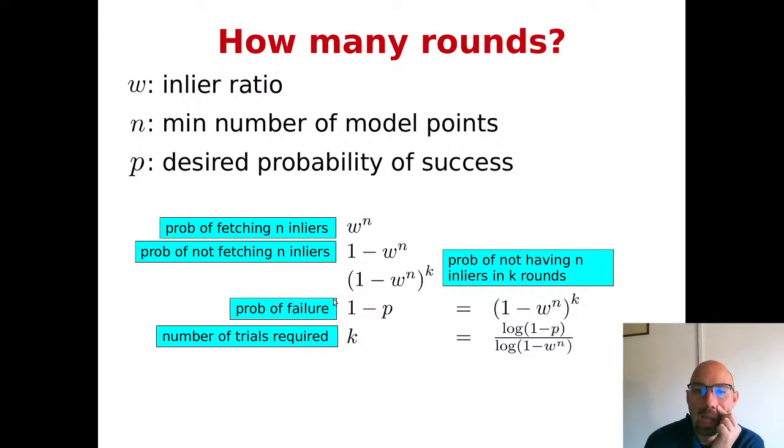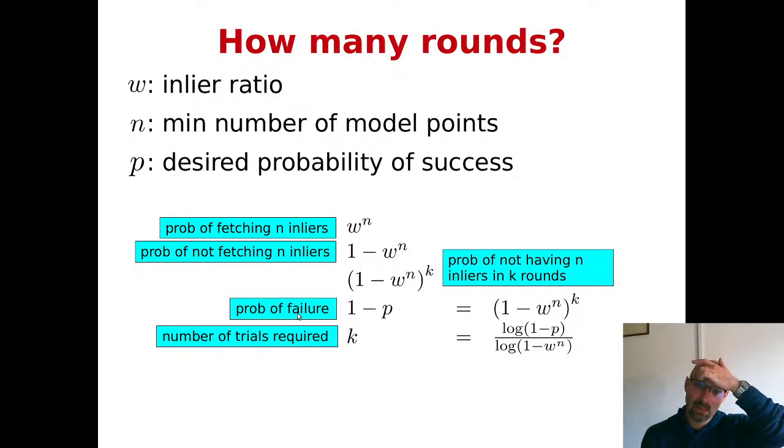And then, in order to find k, we will equate the probability of failure, which is 1 minus p, being p the probability of success, to the probability of not fetching n inliers after k rounds. After doing that, we solve for k. So we take the logarithm on both sides, and then we bring this object here on the bottom, and we get this formula over here.